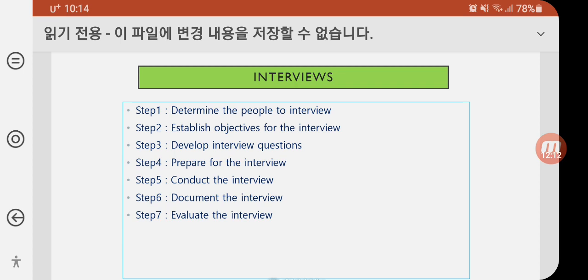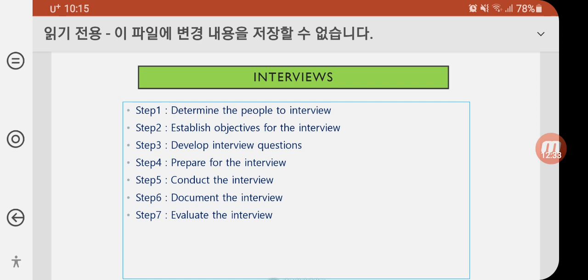The purpose of an interview is to understand users' requirements. Interviews are composed of some steps. The first step, determine the people to interview.